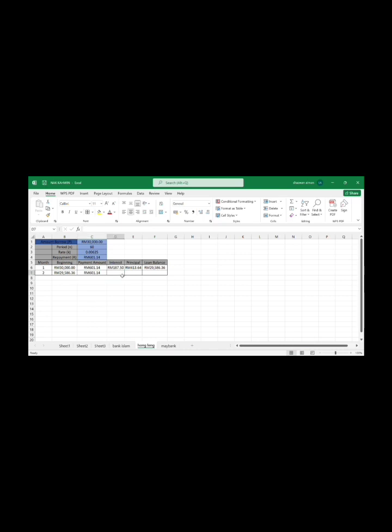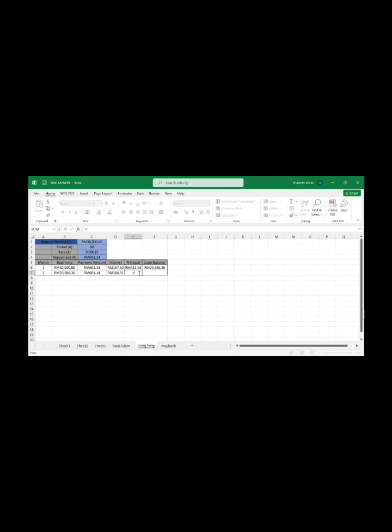The interest is B7 multiplied by C3. And we got 184.91.